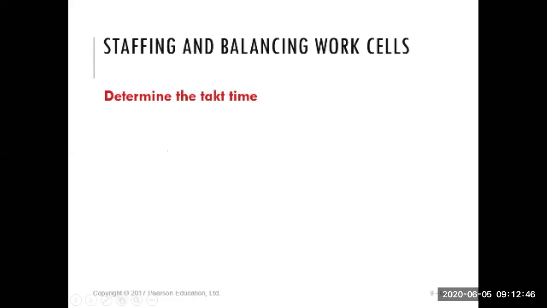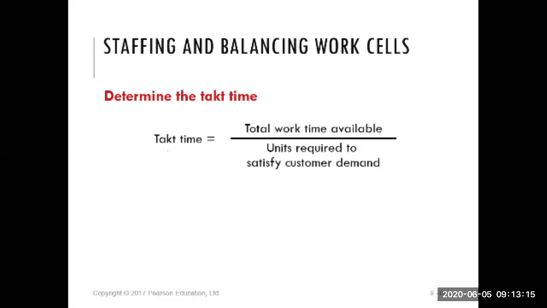First you have to determine the takt time, which is the pace of production, the time per unit necessary to meet the customer orders. It is the time for each worker to complete the process for each unit. Every worker has to complete at the same time. So how do we calculate the takt time?